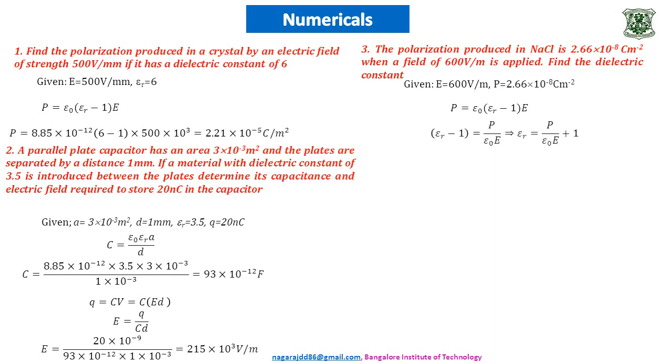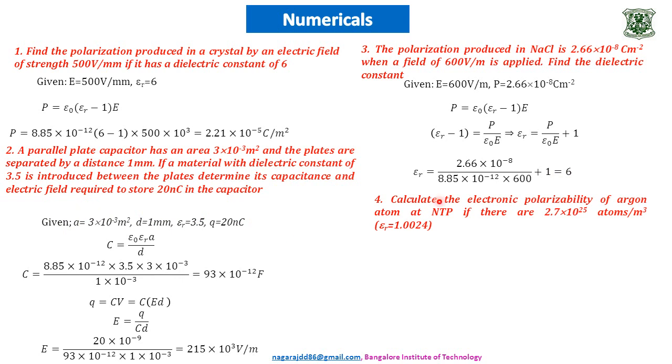This time I want epsilon r, so I do small simplification to get epsilon r like this. Epsilon r equals P by epsilon naught E plus 1. Then substitute for P, absolute permittivity, that is 8.85 into 10 power minus 12, into applied electric field 600. Simplify and then you will get epsilon r as 6.